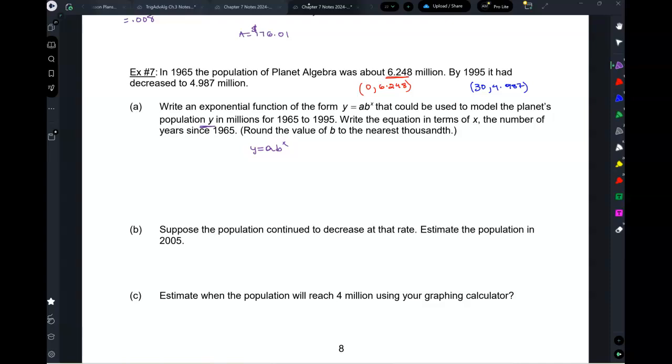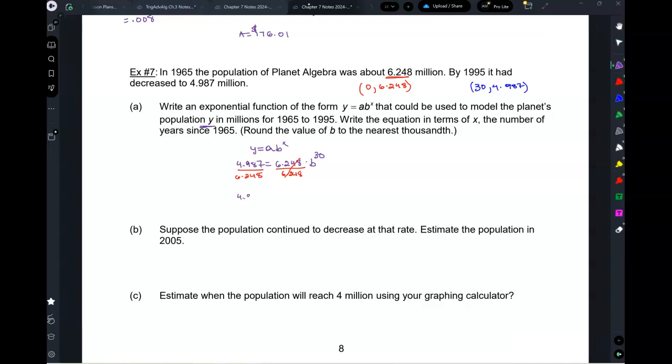Okay, so y equals a times b to the x. Y is the final amount. So 4.987 is equal to a, the initial amount, 6.248, times b to the power of x, which is 30. Okay, fantastic. So why don't we divide by 6.248? That goes away, right? So now look at what I have. This is kind of cool.